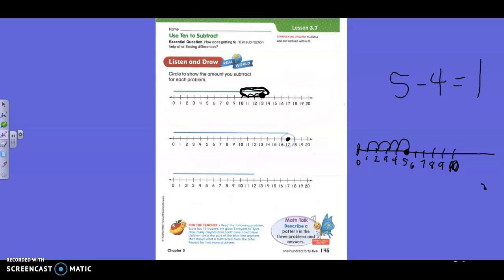And how many crayons does she give Anthony? 7. So we jump back 7. 1, 2, 3, 4, 5, 6, 7. How many does she have now? 10. Circle that amount on the blue line.